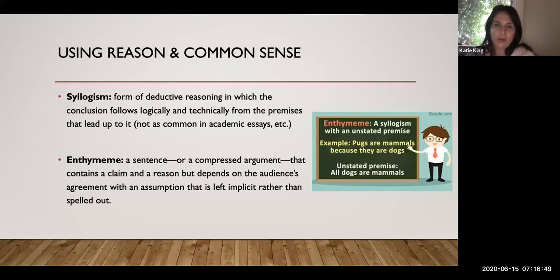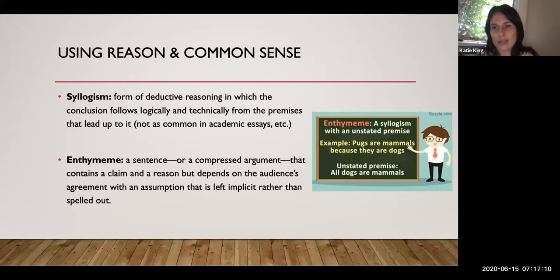The writing equivalent to that is syllogism. It's a form of deductive reasoning where the conclusion follows logically and technically from the premises, okay? So in other words, you have to spell out every single step in the logical process.